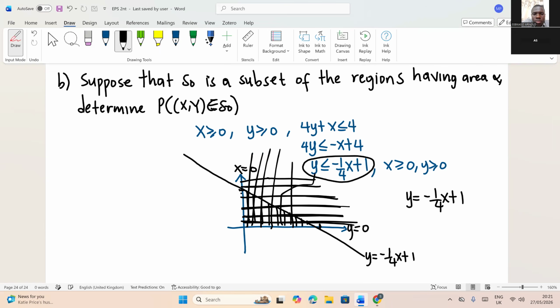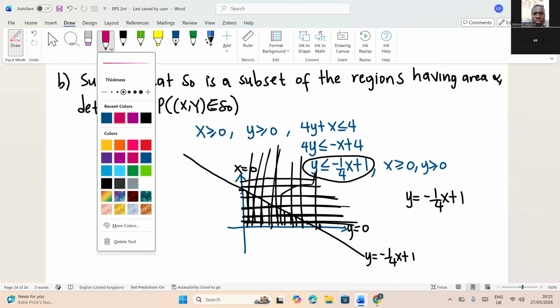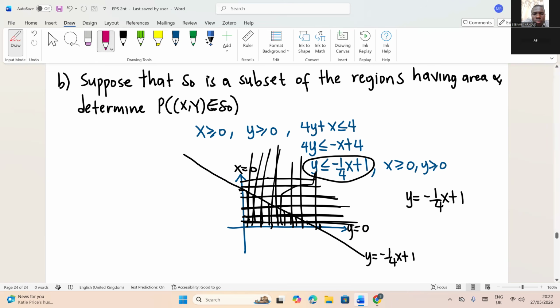Now look at the intersection of all those shadings. The intersection of all those shadings is this shading in red.